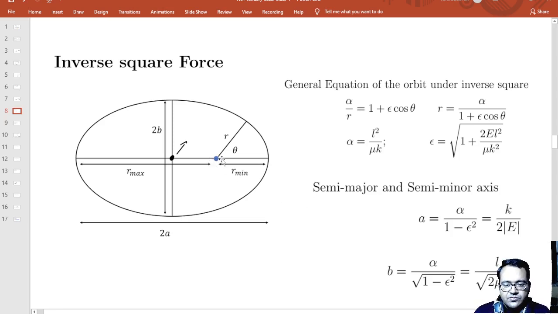The origin of the central force will be at the, what to say, I forgot the name of this point, epicenter or something. Okay, this is the geometrical origin, and this is the central force origin.